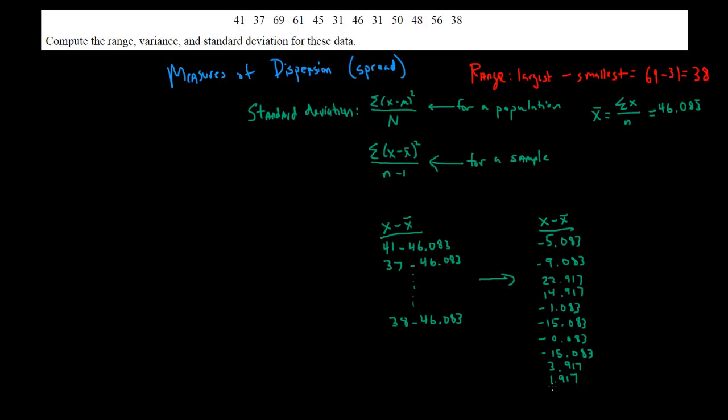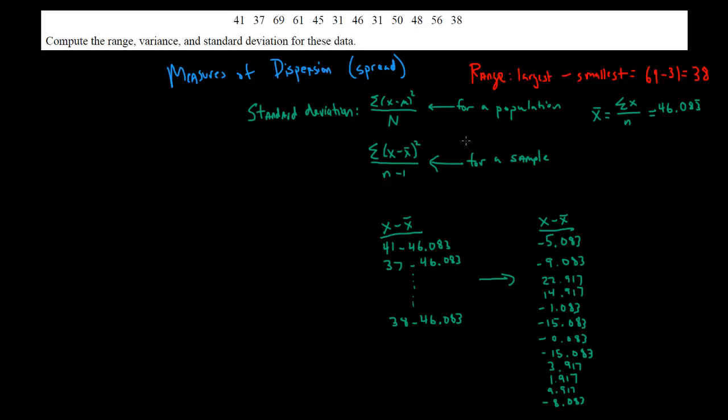That is 9.917. Then lastly we have 38. 38 minus 46.083. That is negative 8.083. Okay? So, those are all of our x minus x bars.